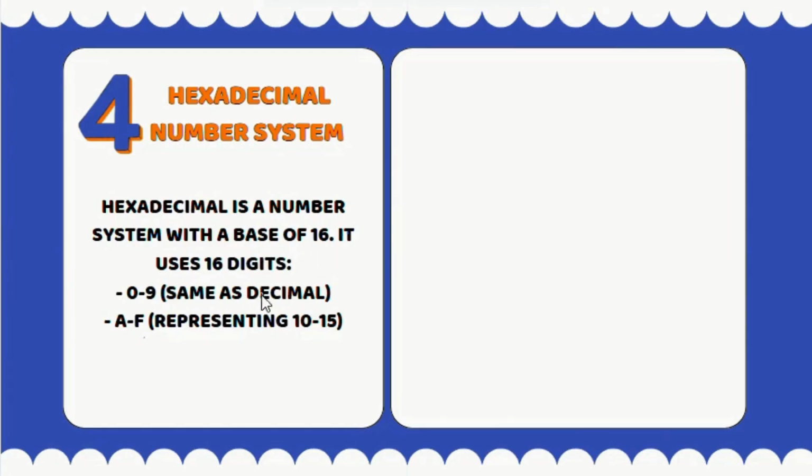It uses 16 digits, that is 0 to 9 and A to F. 0 to 9 is same as decimal and A to F is representing 10 to 15. 0, 1, 2, 3, 4, 5, 6, 7, 8, 9. And for 10, we use A. For 11 we use B.